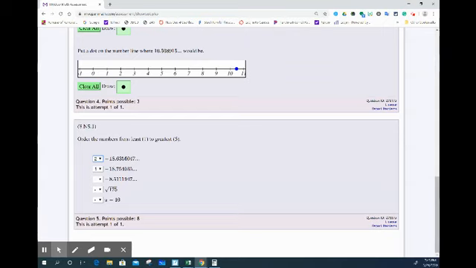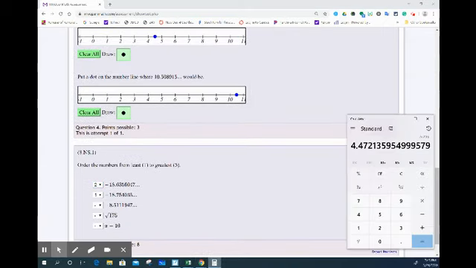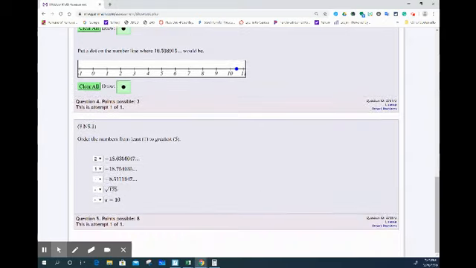So now I've got to compare this one and this one. So the first thing I'm going to do is say 3.14, because I'm okay with rounding it to that, minus 10 gives me negative 6.86. Oh, negative 6.86.